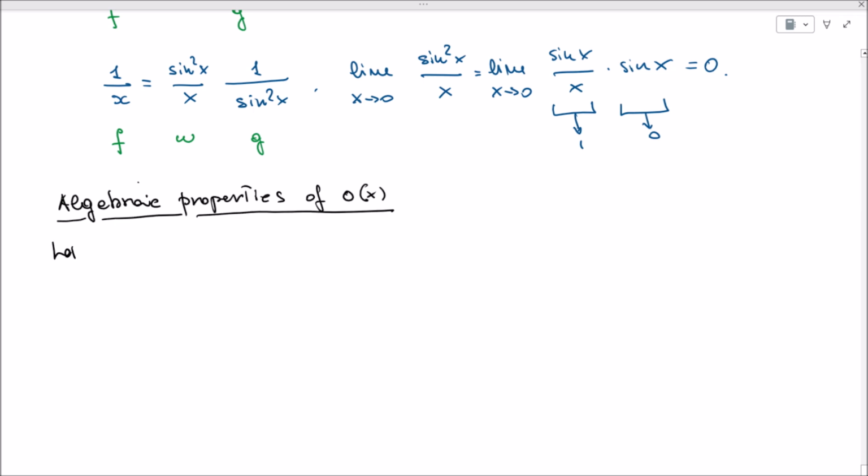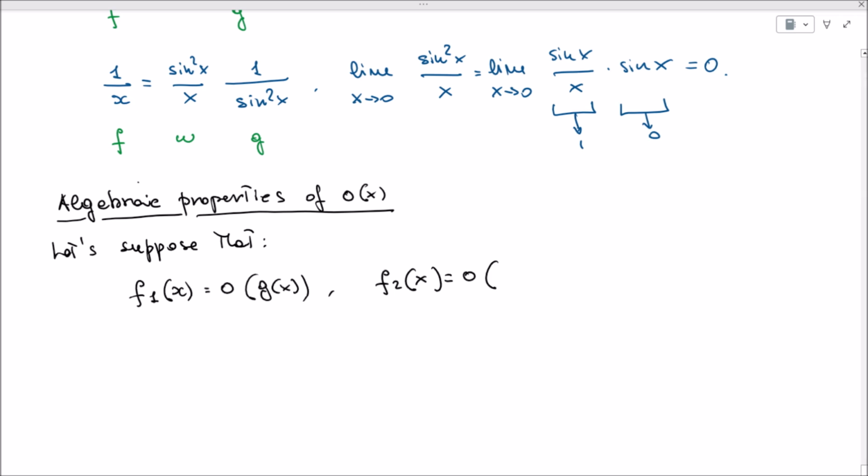So let's suppose that we have a function f1 of x which is small o of g of x. And then we have another function f2 of x which is equal to small o of g of x, both for x that goes to x naught.